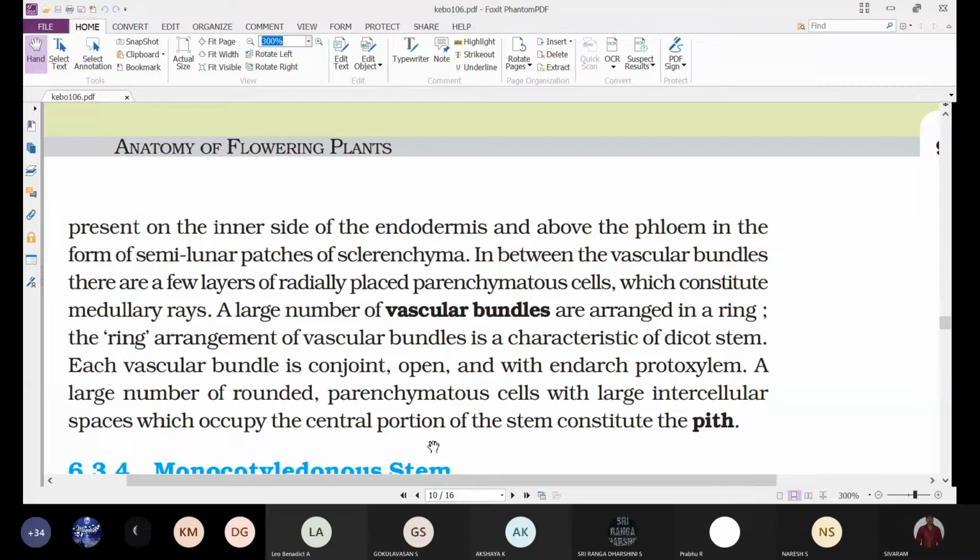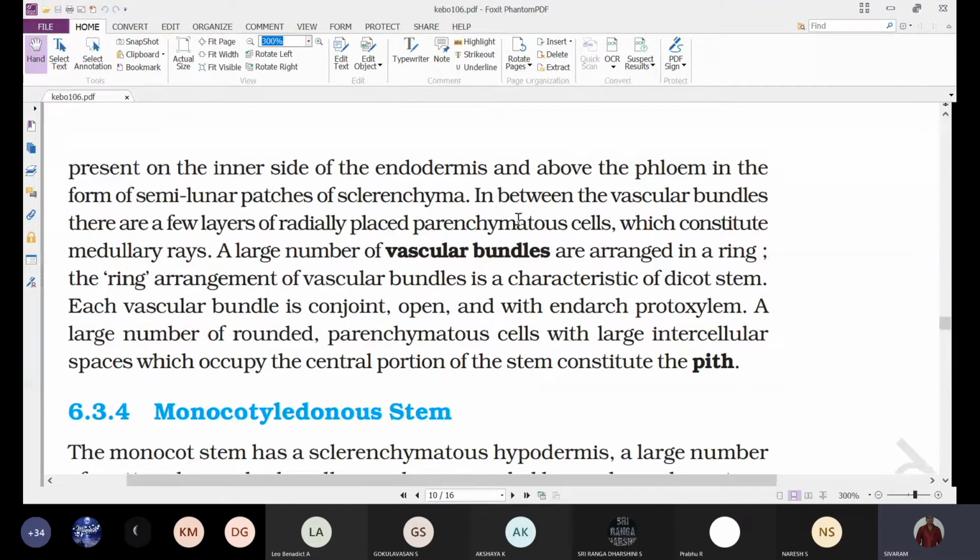Next, in between the vascular bundles, there are a few layers of radially placed, radially meaning transversely, not longitudinally, parenchymatous cells which constitute the medullary rays.